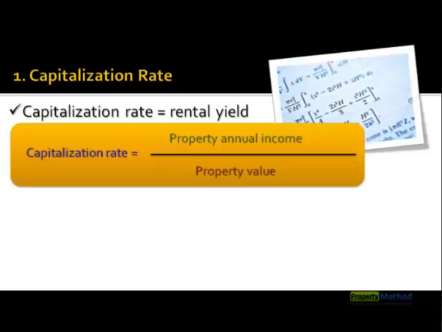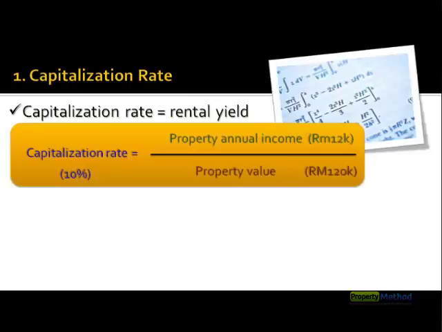For example, if an apartment has a monthly rental income of 1,000 ringgit every month, this apartment is generating 12,000 ringgit annual income, and if its current market value is 120,000 ringgit, then we can say that its capitalization rate is 10%. So we just use 12,000 divided by 120,000, and you get the 10% capitalization rate in this example.